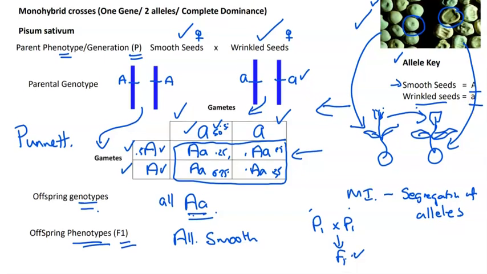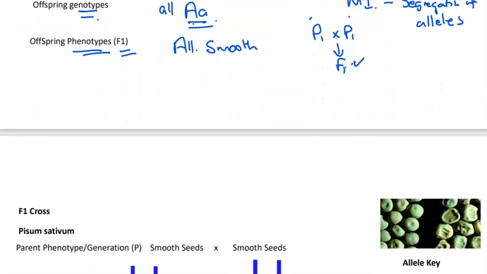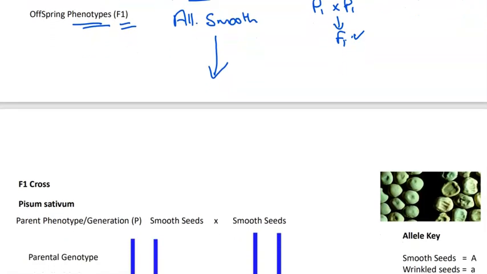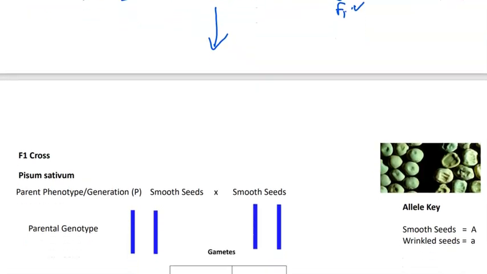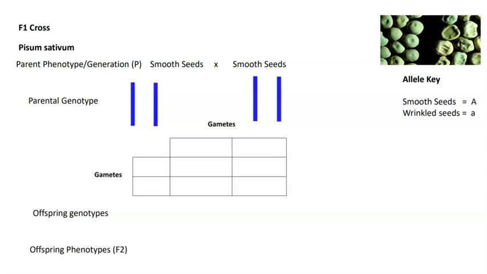Now what we're going to do is carry these heterozygotes forward. So we're going to take two of these seeds, germinate them, and then cross them to do what's called an F1 cross, in which we take smooth seeds and cross them with smooth seeds. So we need the flowers, of course.